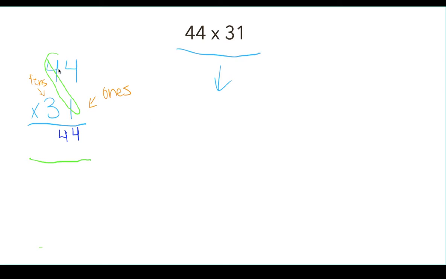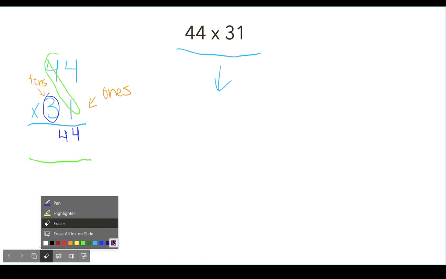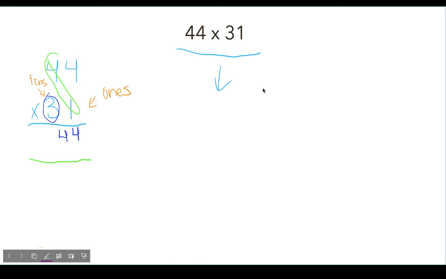So now let's look at the 3 over here. How do we solve for this? Are we just going to keep continuing, 4 times 3 is 12, etc.? No. There's a new way to do it. It's super duper easy. So, we have our number 44.